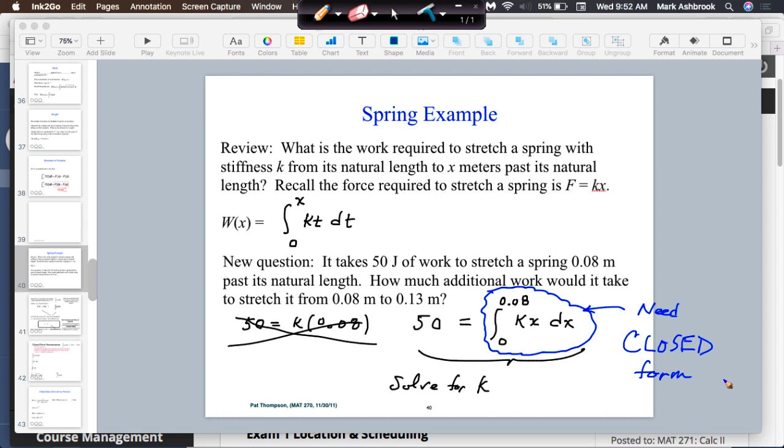So we have lots of motivation to take these open form accumulation functions and get closed form. So that's what we're going to spend the next couple weeks doing: algebra techniques to get closed forms from open form. So let's see how that works.